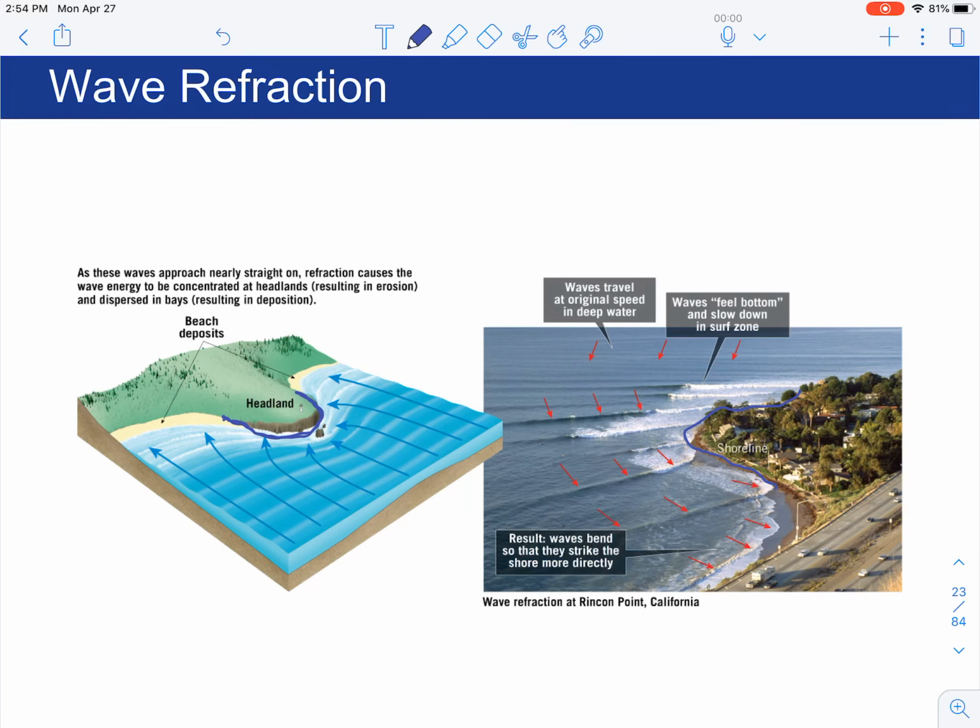And then you get some deposition on either side of that headland, and you get little beachy berms. So we see a lot of this landscape out west.